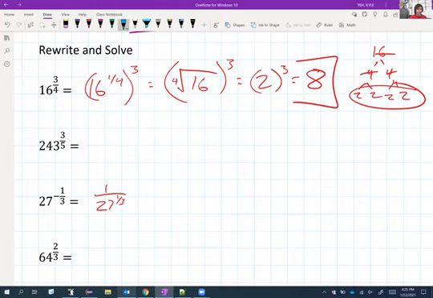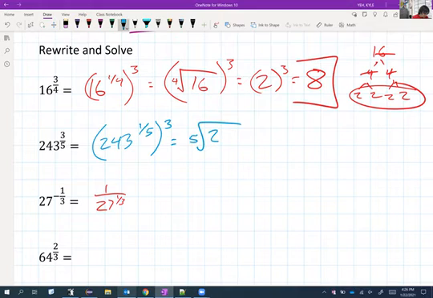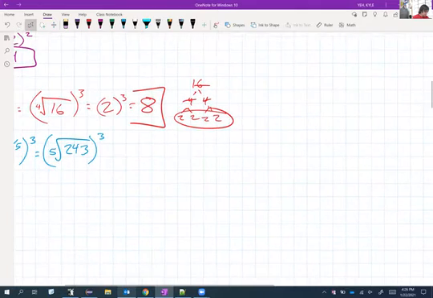So instead, I'm going to take the root first, 243 to the 1/5, and I'll keep it consistent with the way I've been doing my parentheses, and then cube it. So look for the 5th root of 243 and then cube it. Because then the 5th root hopefully will help us get down to a smaller, more manageable number.